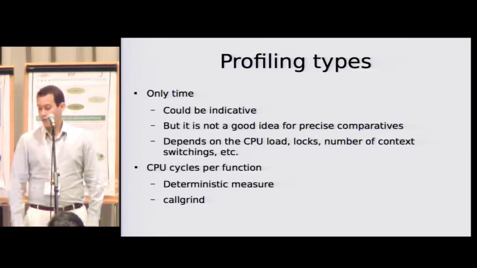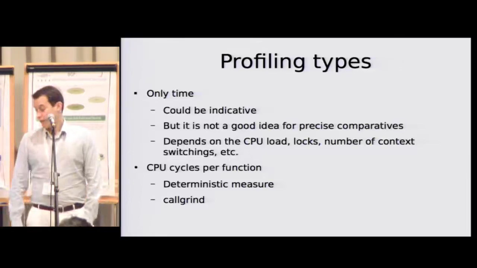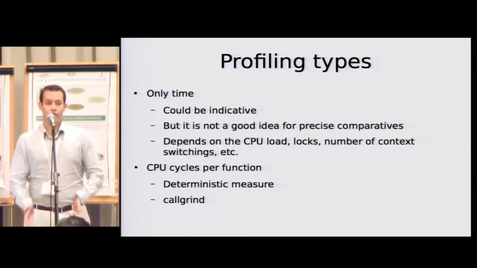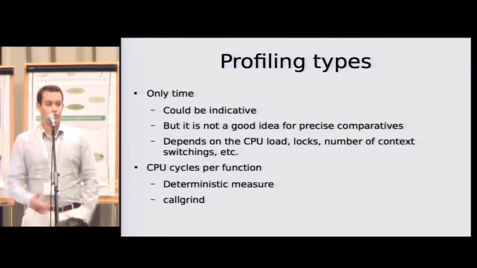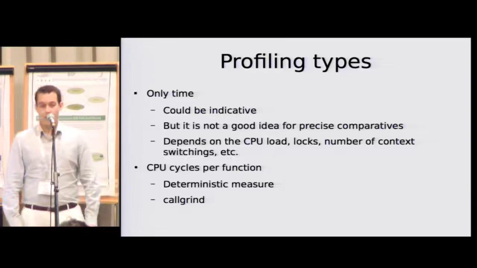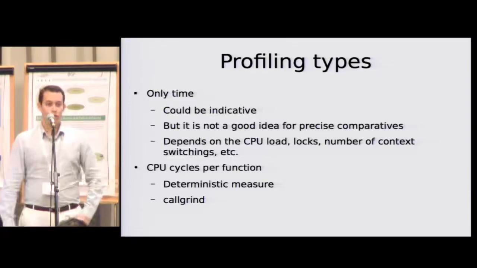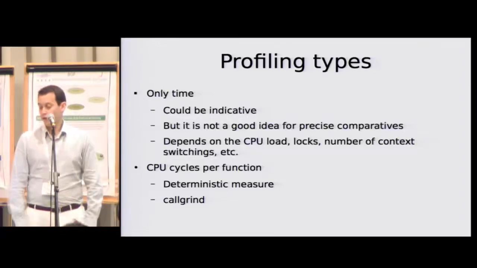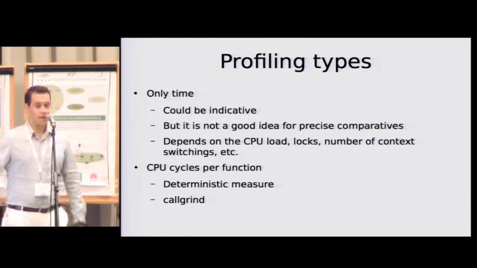It could be indicative for people, but for comparison it's not so good, because it depends on the CPU load, the logs, the number of CPU switches and so on. So we decided to apply profiling to count the number of CPU cycles per function call. For that, we use the Callgrind tool, which helps us to measure this kind of profile.